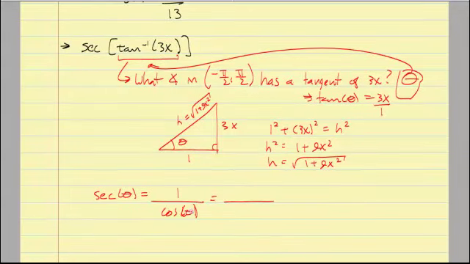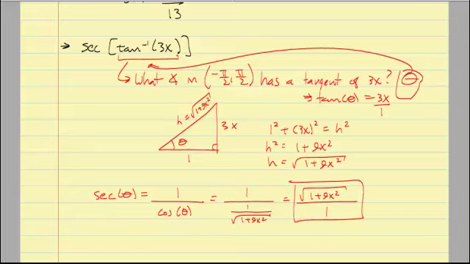So for the cosine of theta, it's kind of messy, I'm going to have 1, the adjacent leg, over the hypotenuse, which is the square root of 1 plus 9x squared. But when you divide by a fraction, you multiply by the reciprocal, so the square root of 1 plus 9x squared flips up top, over 1. And that is my solution.